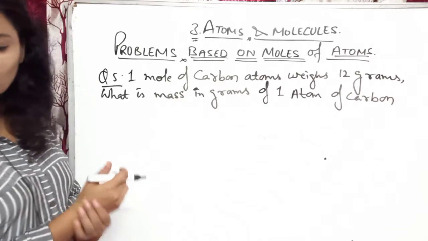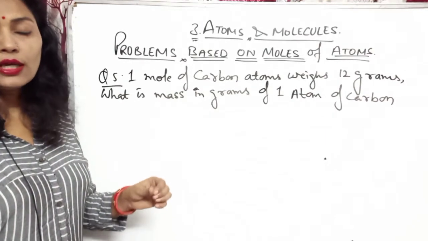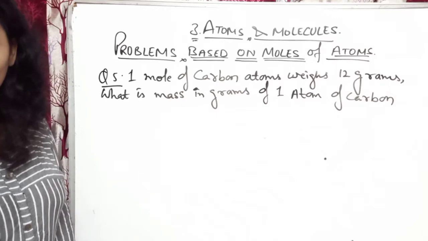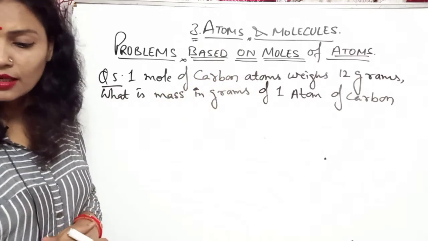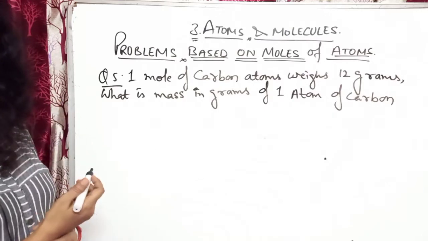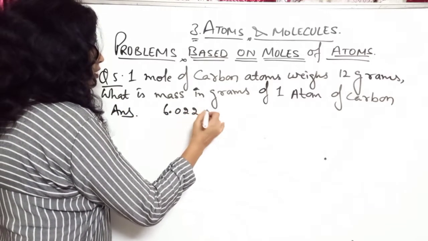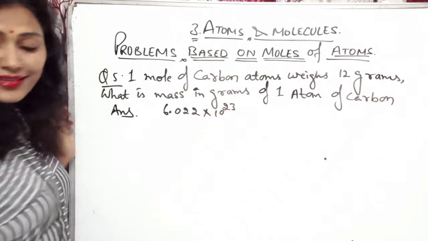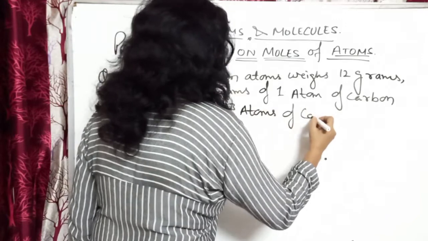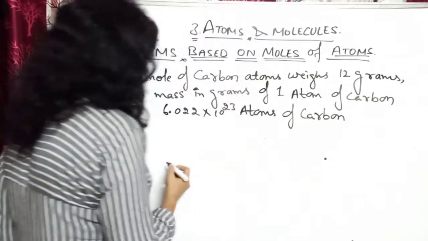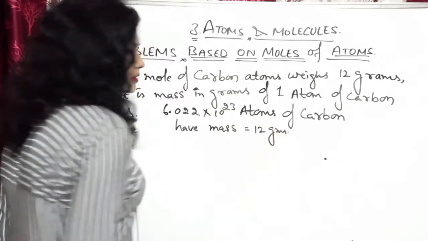You know that 1 mole of carbon atoms is equal to 6.022 into 10 to the power 23 atoms, and they have a mass of 12 grams.